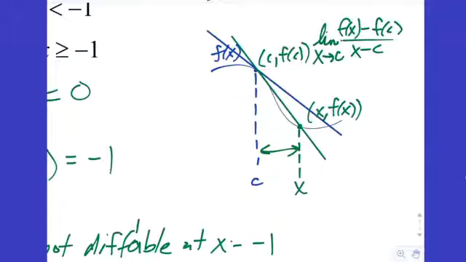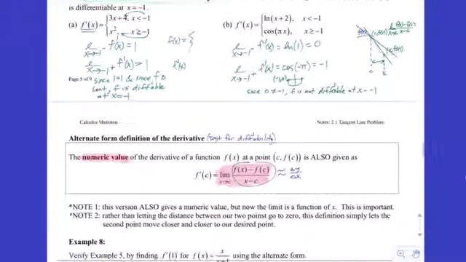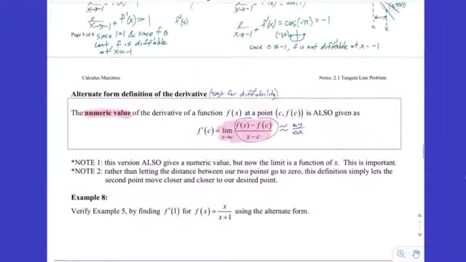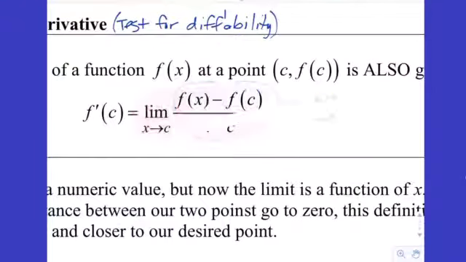That's the same thing as saying let the distance between them go to 0. It's just a slightly different way to define it. But what makes this one special then is it is a limit that is defined as a function of x, whereas the other two are functions of h. Remember, the variable that's underneath the limit is the one we're treating as a variable. So this one is much more user-friendly.